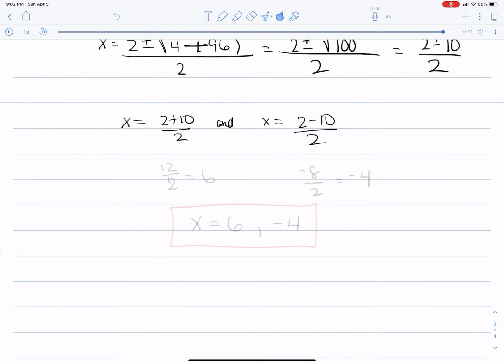So 2 plus 10 is 12 over 2, so it equals 6. 2 minus 10 is -8 over 2, equals -4. So our solutions are x equals 6 and x equals -4. That's it.